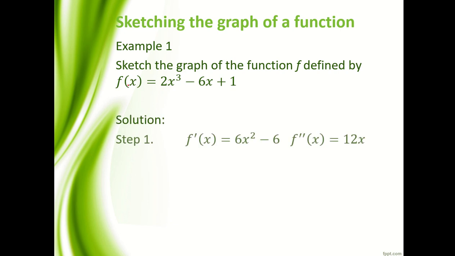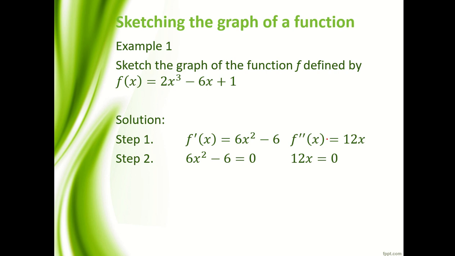Solution. Step number 1, we have to solve for the first derivative and also the second derivative. After that, for step number 2, we have to solve for the value of x.